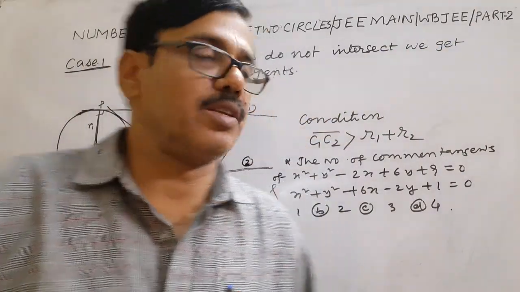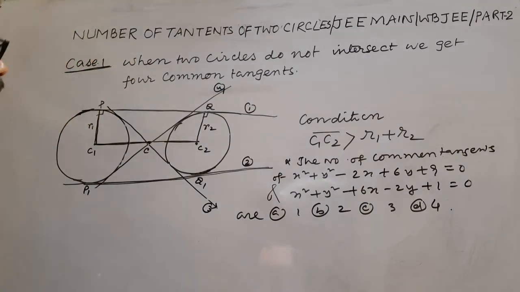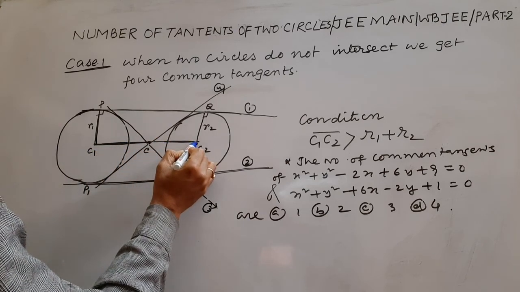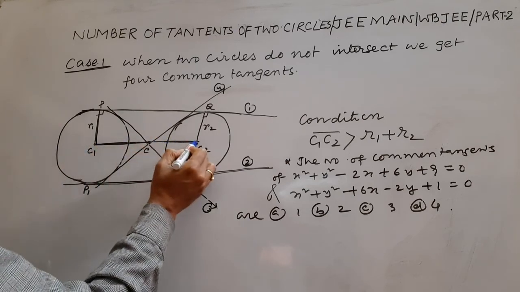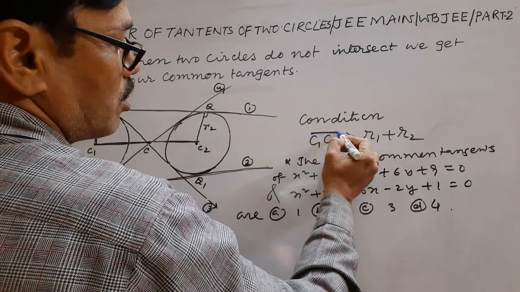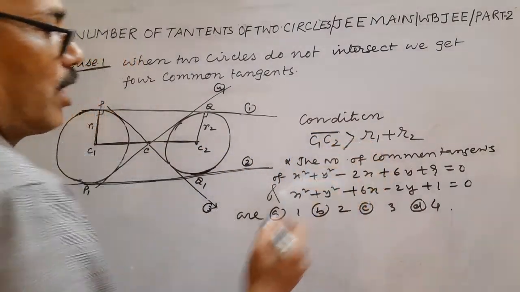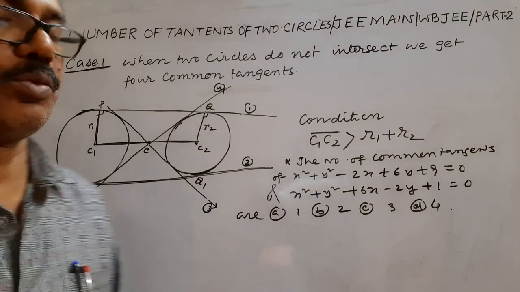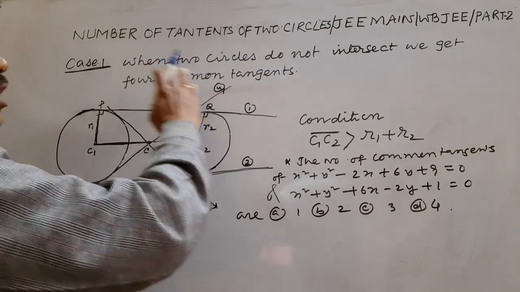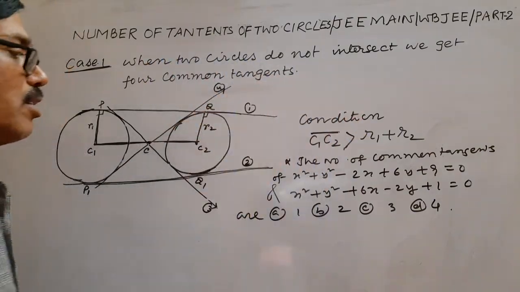So this is very simple from the figure. Now what is the condition? So look, this is R1 and this is R2. This one is C1, C2. So look, line segment C1C2 is greater than R1 plus R2. This is the condition that two circles do not intersect.